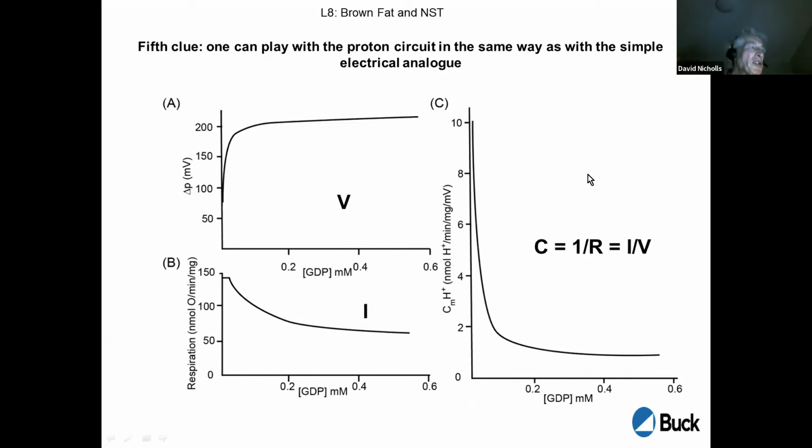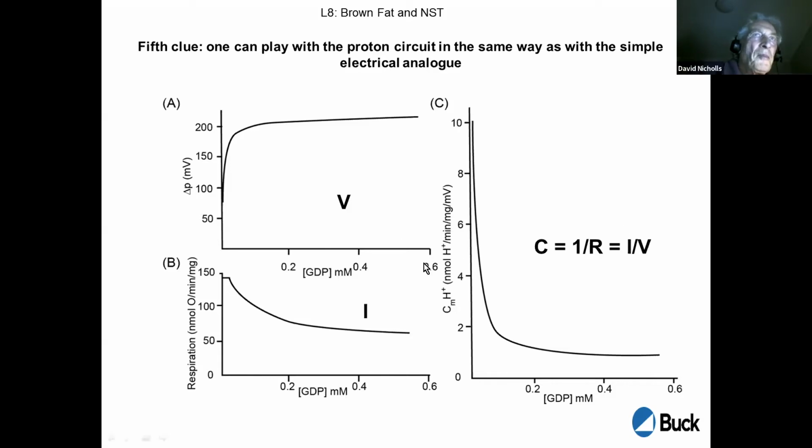And this shows you something rather important, which doesn't turn up with a lot of research done on brown fat. And this is that you only get information out of an oxygen electrode experiment on proton permeability if proton permeability is rate restricting.